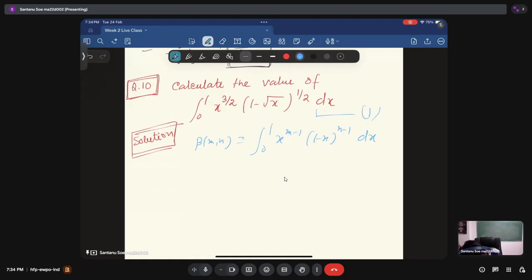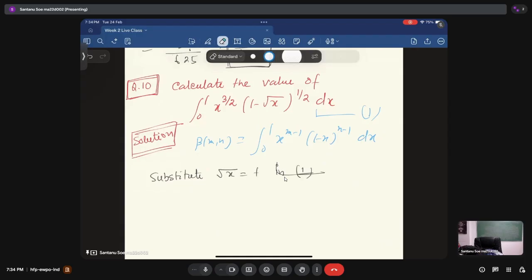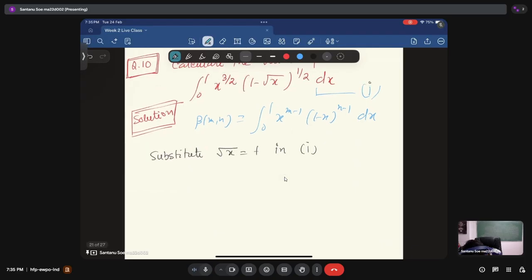So to get in this form, substitute root x equals t in the integral. Okay, so then x equals t square and dx is 2t dt, right?